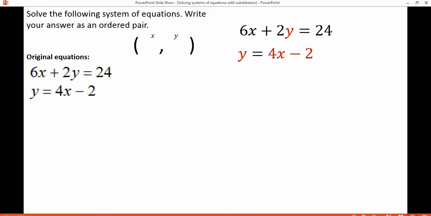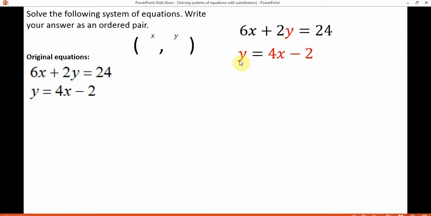First thing I'm going to do is I have these two equations. This equation is telling me that 6x plus 2 times whatever y is equal to 24. This equation is telling me that y is 4x minus 2. I want to find out where these two equations are equal. Where do they cross?